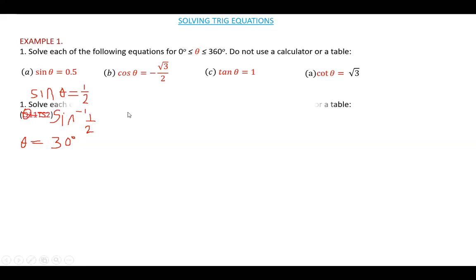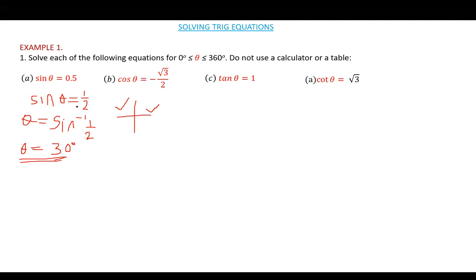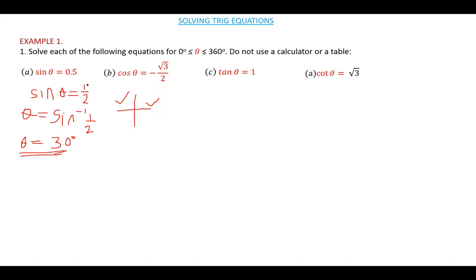And then we know that sine is only positive in the first quadrant, where all trig ratios are positive, and in the second quadrant. So in the first quadrant, you take the value of theta to be the same 30. And then you check, is this 30 greater than 360? If it's not greater than 360, then it's part of our solutions. But if it is greater than 360, you leave it out. So we have found one of our thetas, which is 30 degrees.